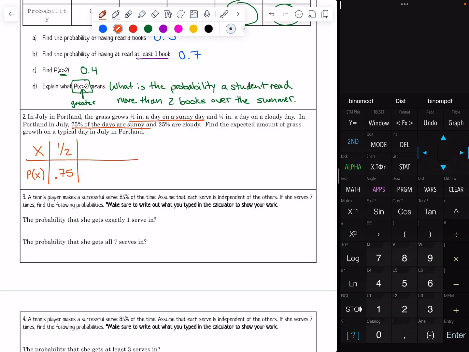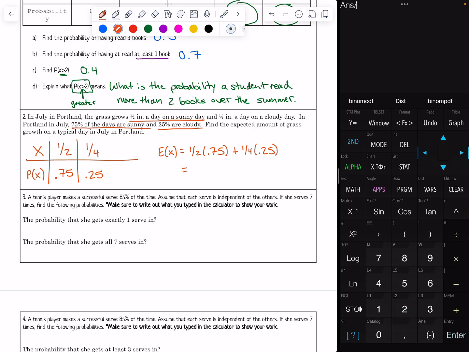And then it grows a ¼ inch on days that are cloudy, and that's a 25% chance that it's cloudy. So that's how I set up my probability distribution. And then I find the expected value by taking 1/2 times the probability of 0.75 plus 1/4 times the probability of 0.25. And then I just need to calculate that.